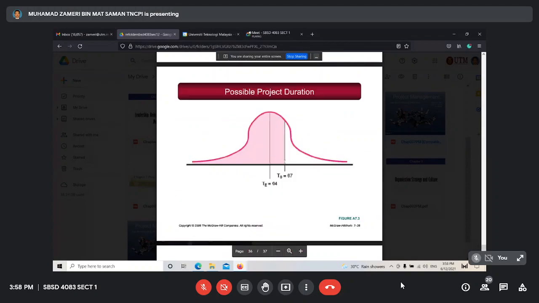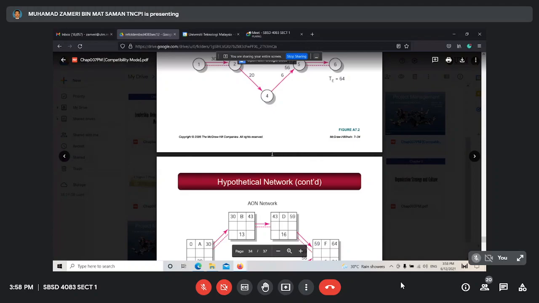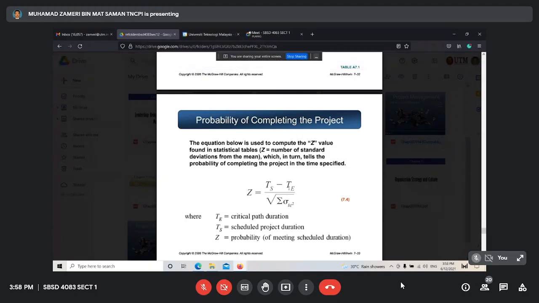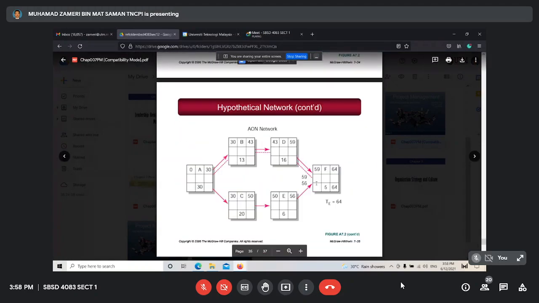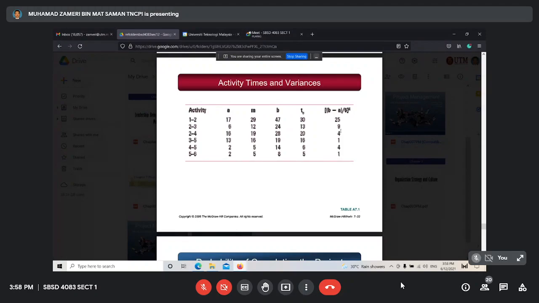TS, our target 67, minus TE, 64. So 67 minus 64 is 3, right? 3 divided by, okay, the standard deviation here. 25 plus 9, 34, plus 4, 38, 39, 40, 44.